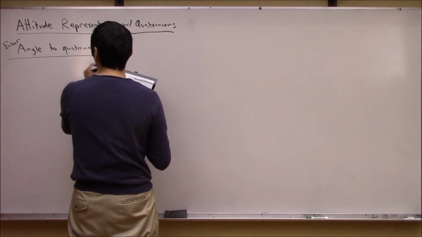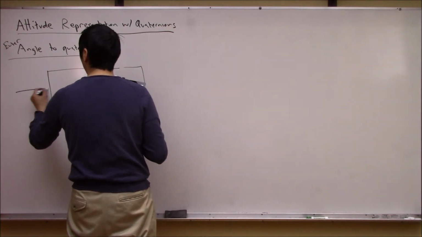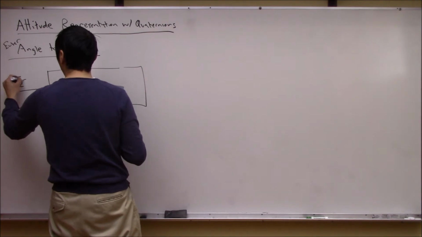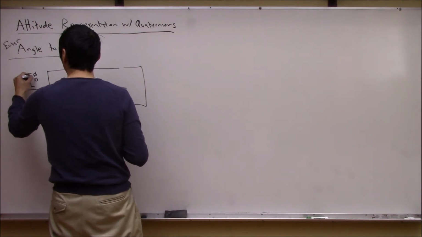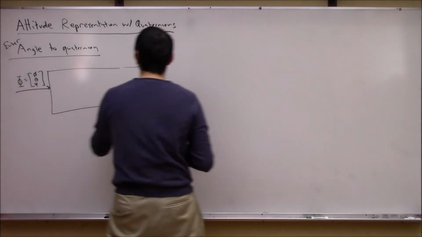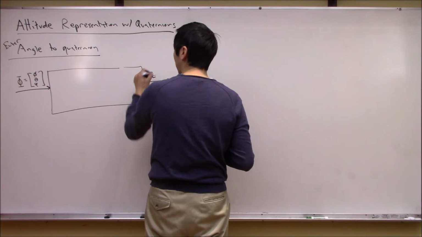So again, the picture that goes along with this is I have a Euler angle, which we were calling capital phi. So this was phi, theta, and psi. And I want to do some computation and turn this thing into a quaternion Q, okay?